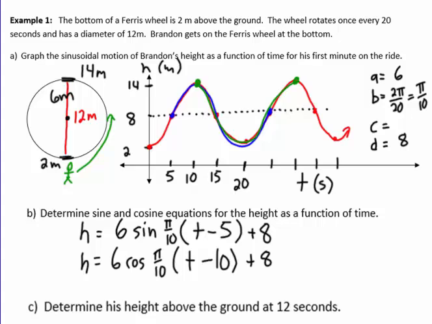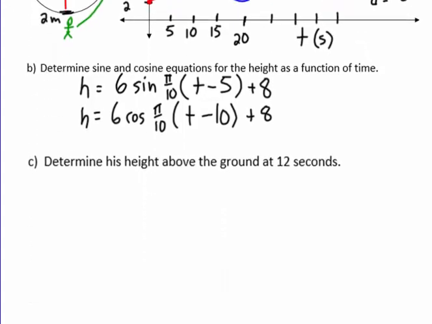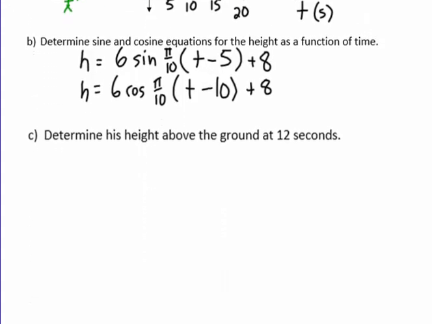Determine his height above the ground at 12 seconds. And once we have our sinusoidal equations, now we have a choice. We want to determine the height at 12 seconds. We can use either one of these equations. I'm just going to choose sine to find the height when the time is 12 seconds.